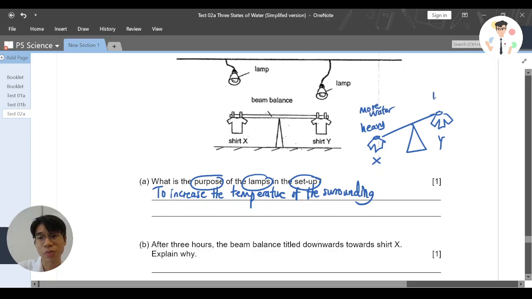And of course, here is less water. When there's more water, does it tell you the rate of evaporation is higher or lower? It tells you the rate of evaporation is lower. And we actually learned that, right? This is higher, the rate of evaporation. And we know why, right?